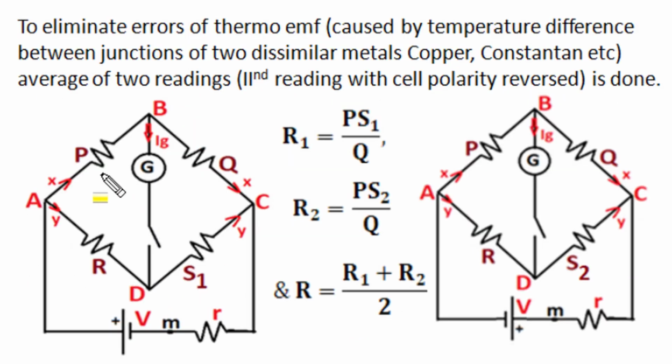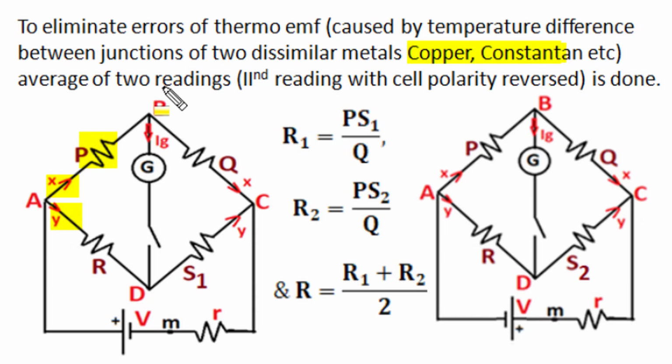In such circuits, when standard resistances are taken of constantan material and connecting wires of copper are used, then copper and constantan form a thermocouple junction, and when junctions are at two different temperatures, a small thermo EMF will be generated in copper constantan thermocouple.